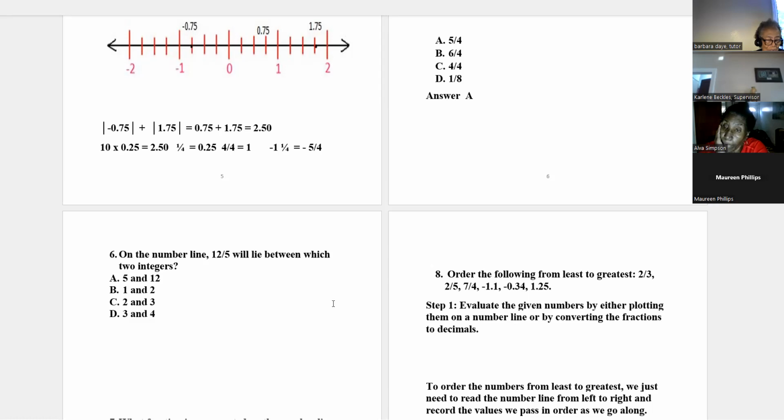Yes. So now you know your answer. Alva, what is your answer then? 12 over 5 is 2 with a remainder. So the number has to be between what two integers? Between 2 and 3. So that would be answer what?